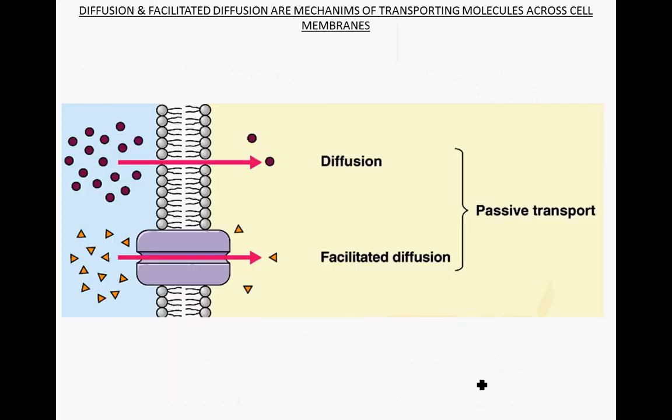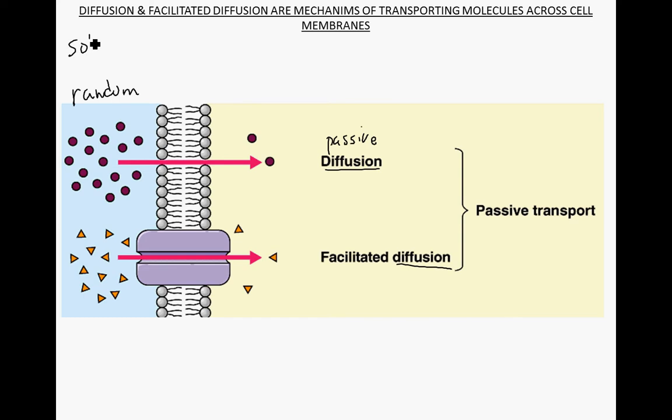So in diffusion versus facilitated diffusion, a reminder that both of these processes are diffusion. This is how things get across a cell passively. So this is passive diffusion, and the definition of diffusion is a random movement of molecules. So these molecules in solution. If you don't know what a solution is, you should go back and review that.